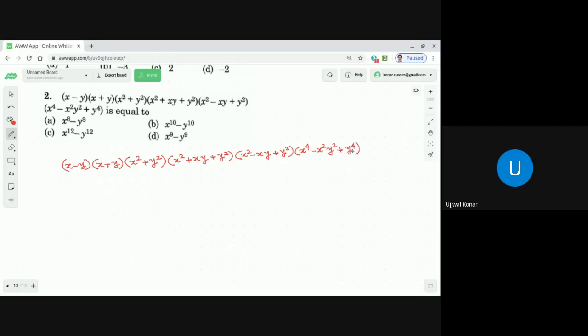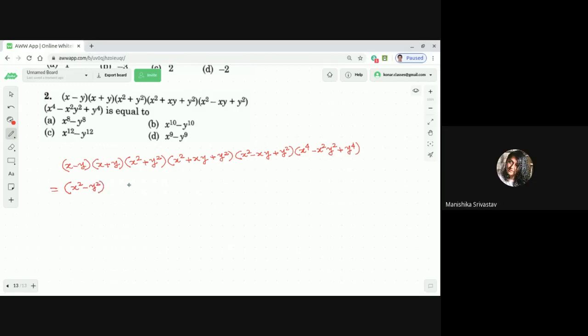Correct, dear students? Now by looking at x minus y into x plus y, we can write x square minus y square.